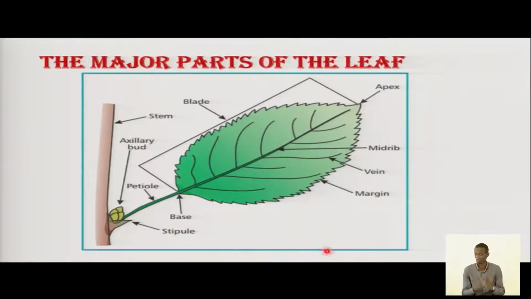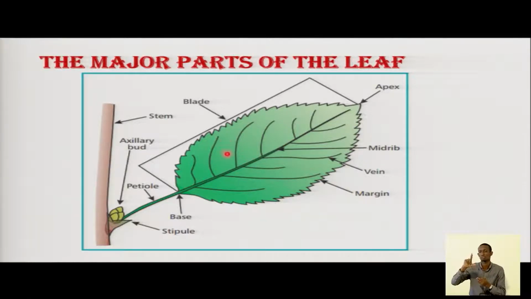Students, this is the structure of the leaf. These are the major parts of the leaf. The leaf has a leaf apex, that is the upper part of the leaf. This leaf has a midrib. Midrib is the middle vessel of the plant, and this is very important because it transports water and mineral salts coming from roots and distributes them to the leaf blade.